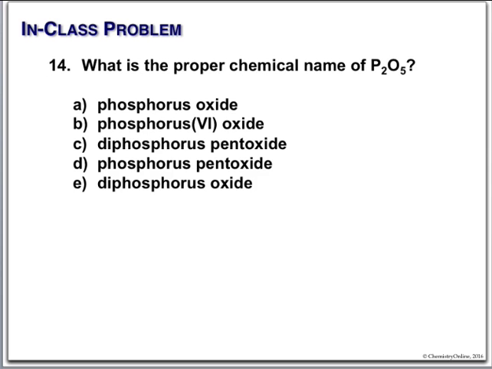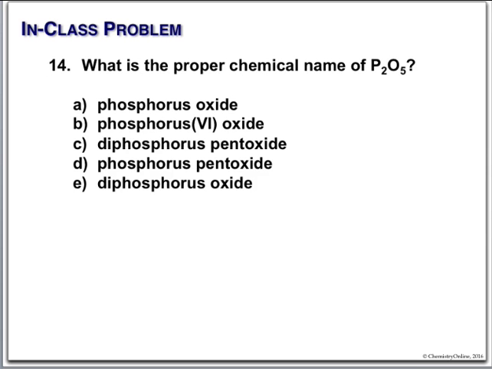So we look at here, we have phosphorus and oxygen. Phosphorus is here. It's in group 5 under nitrogen. Oxygen is group 6. Both of those are non-metals. Moleculars are non-metals. Anything with a metal is ionic.